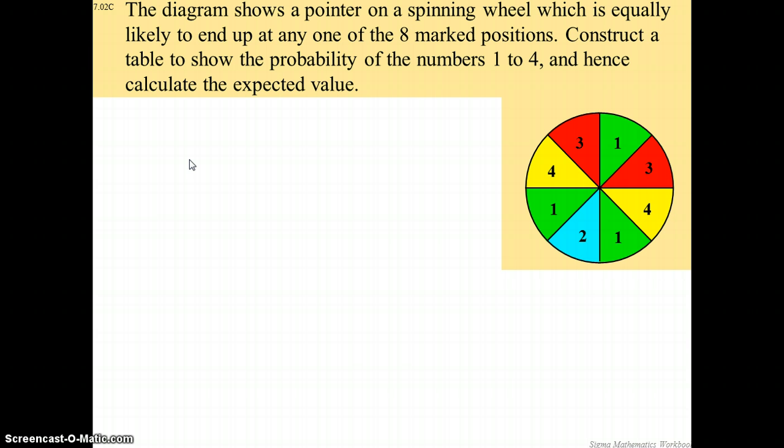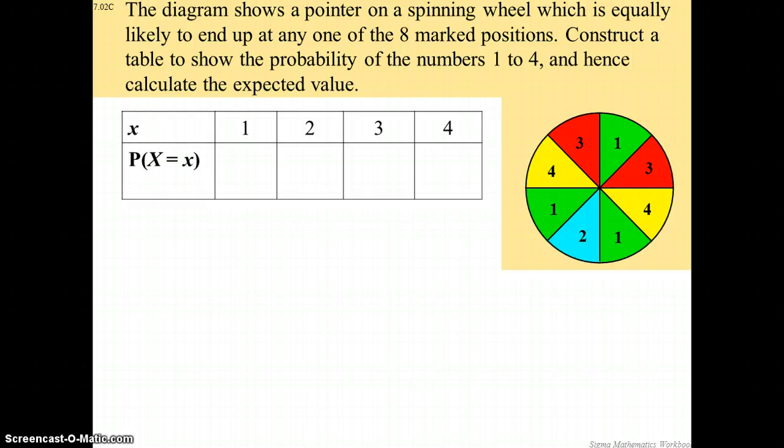We've got a spinner and we want the expected value of, or the average outcome. What are the possible outcomes of the spinner? 1 to 4. What is the probability of spinning a 1? 3 out of 8. A 2? 1 out of 8.